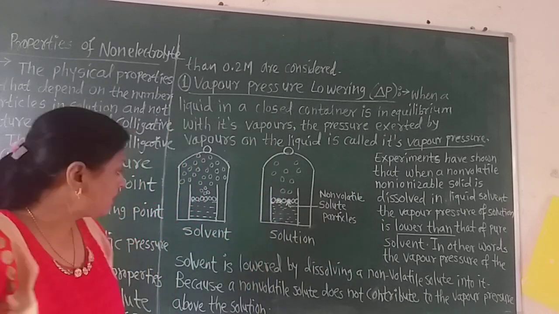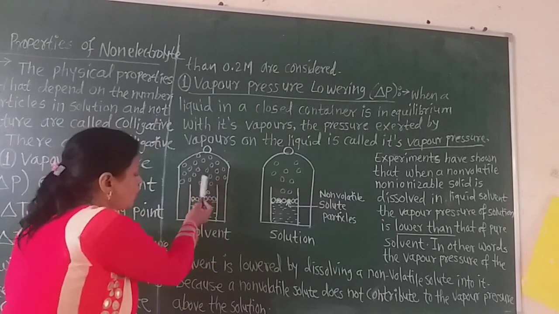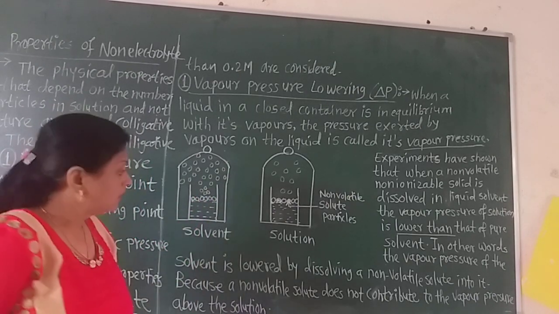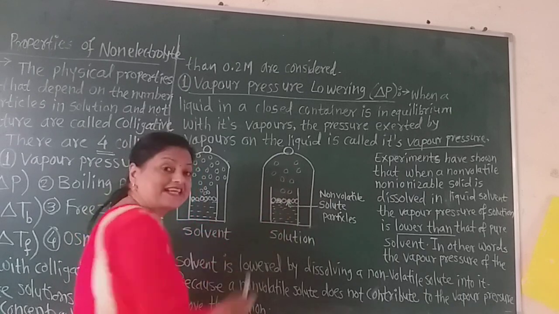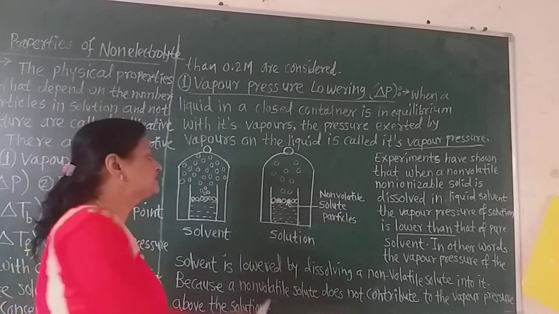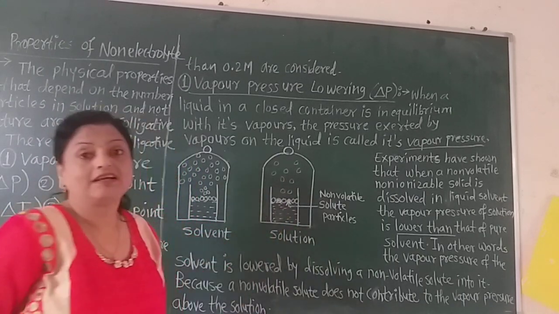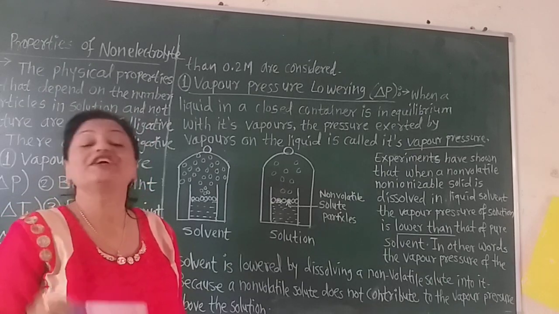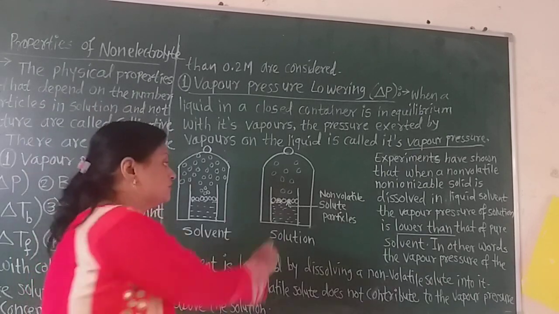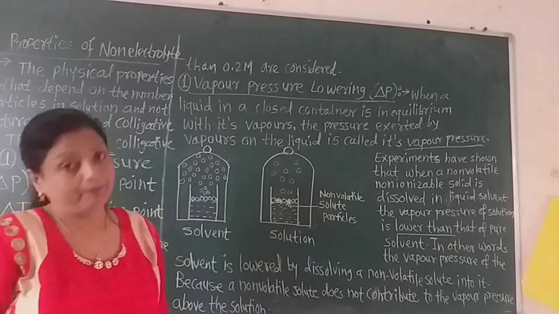So as compared to the vapors of the pure solvent, the vapors of the solution are less, because these solute particles are there on the surface and interfere with the solvent's vaporization.